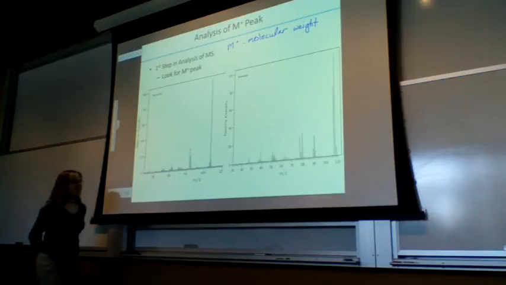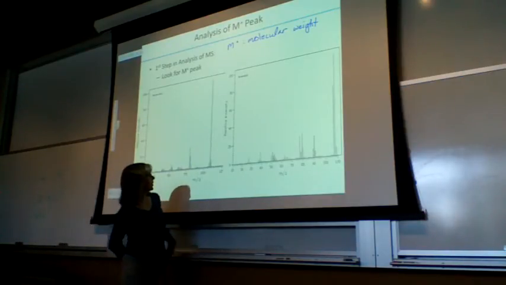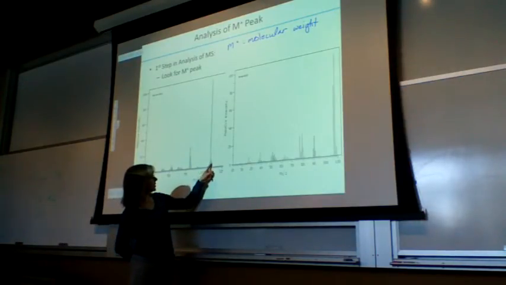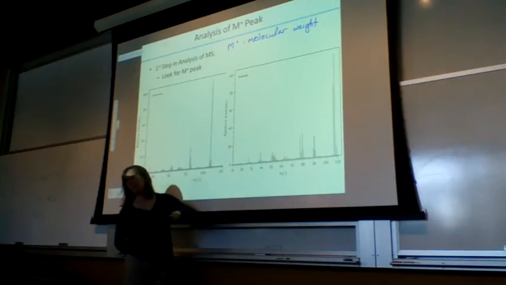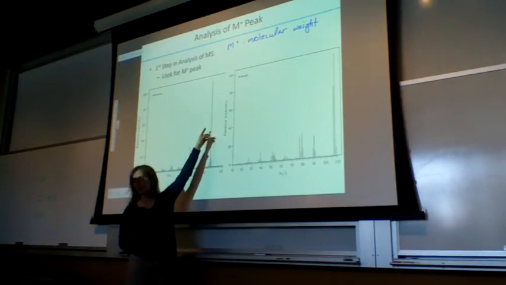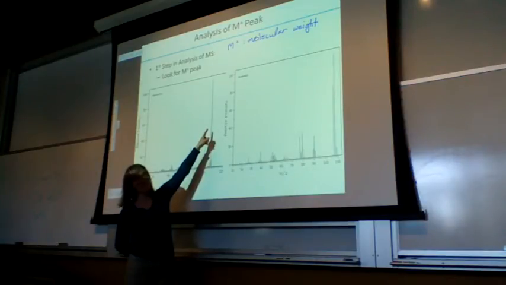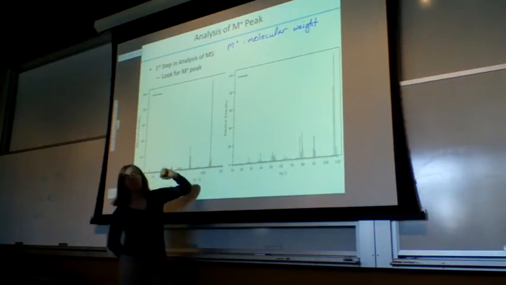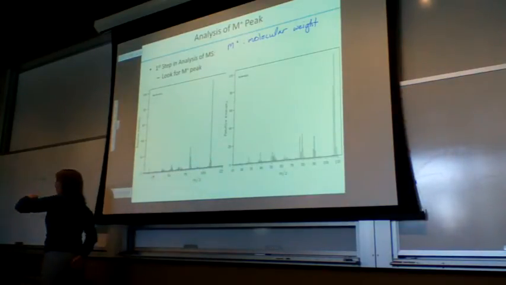Now when I first start talking about mass spec, people get confused because they say, well, that's your highest peak of absorbance. But really we're looking at the one that's really big, right? And we'll talk about these M+1 and M+2 peaks on the next slide.